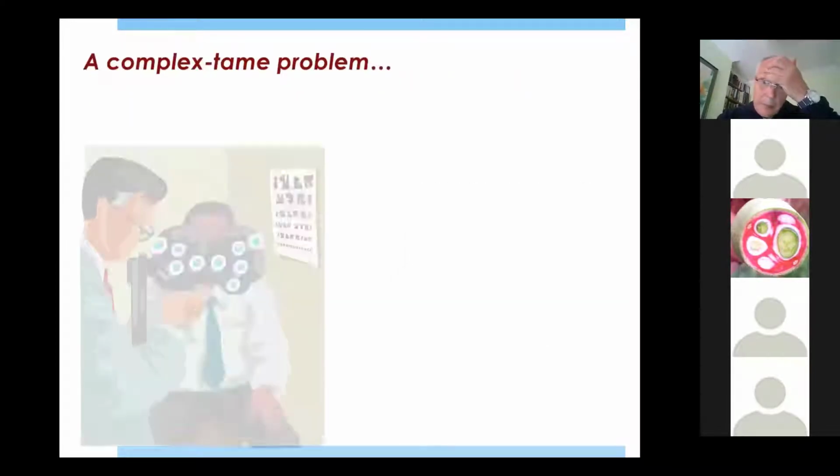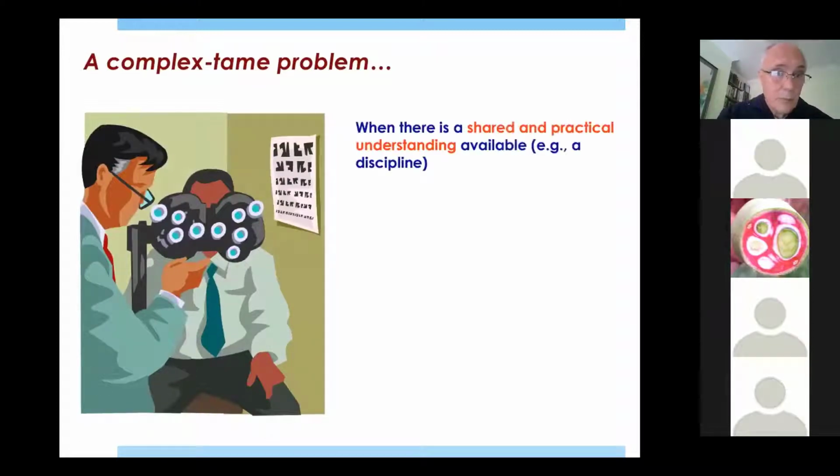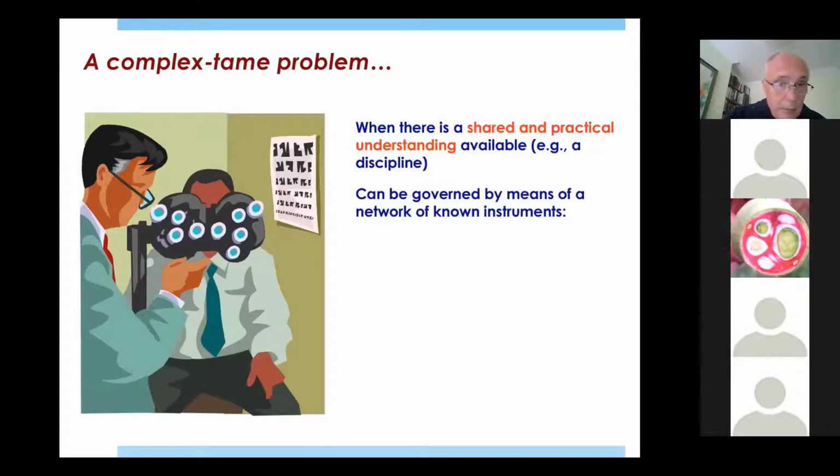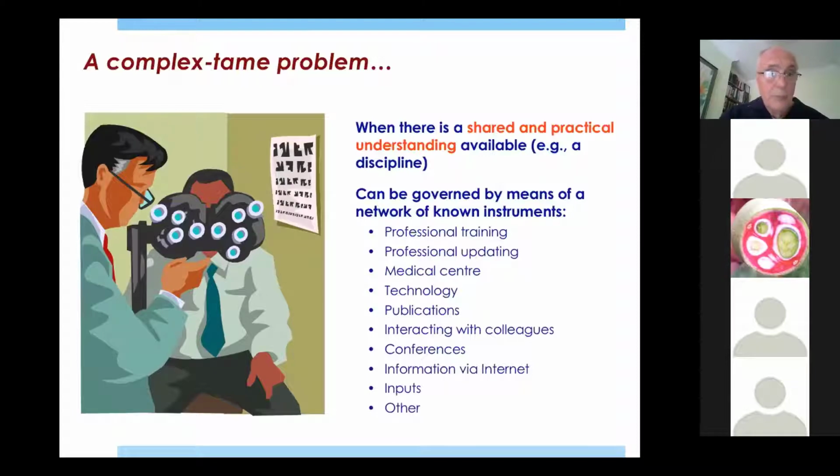A complex-type problem, like this, when there is a shared and practical understanding available, discipline, can be governed by means of a network of known instruments, training, updating, medical center, technology, and so on. We all know this. This is part of our present civilization.